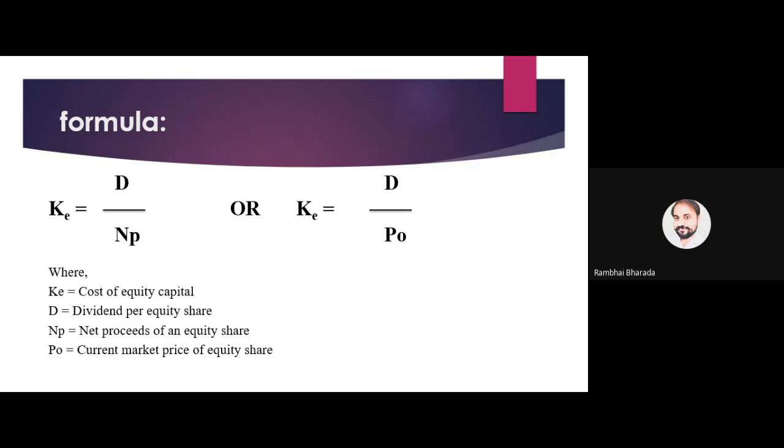Here NP stands for net proceeds. Net proceed means, please write down the formula, NP is equal to face value.